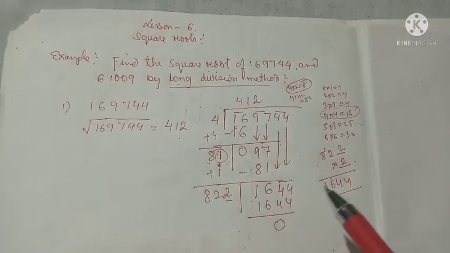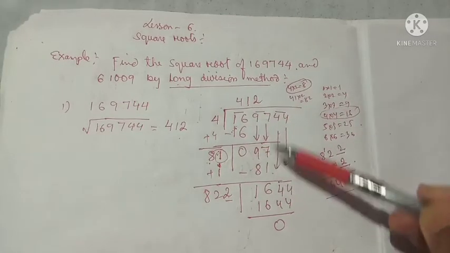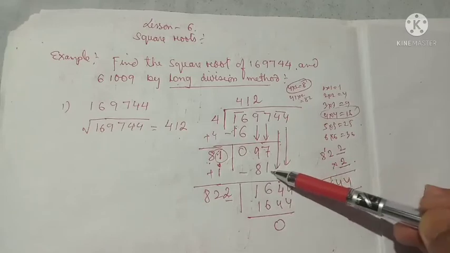And the new digit is the new digit in the quotient, such that when the new digit is multiplied by the new divisor, it should be less than or equal to 97. So we can see that this digit is 1. Here comes 81 into 1, which is 81.